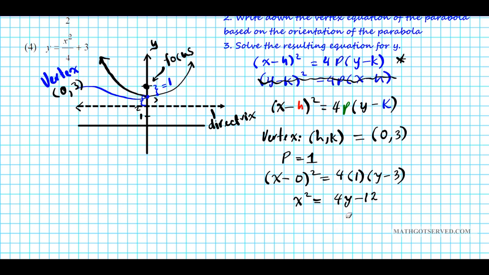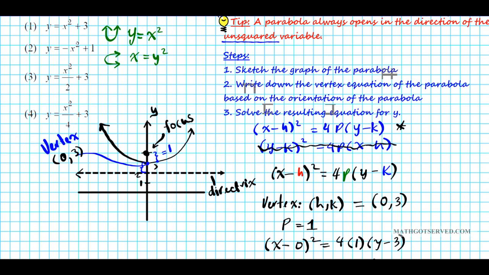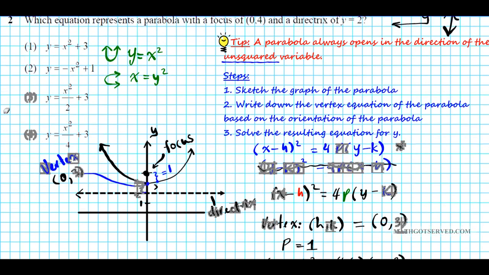Then we add 12 to both sides, so we have 4y equals x squared plus 12, and then divide both sides by 4. That gives us the answer, which is y equals x squared over 4 plus 3. Option number 4 is your correct answer here.